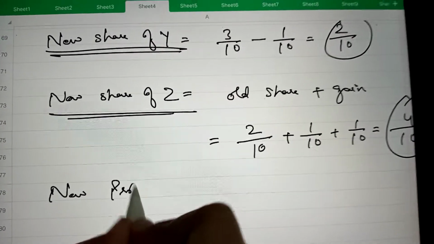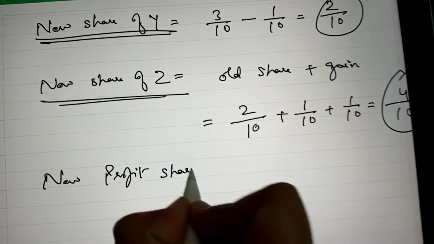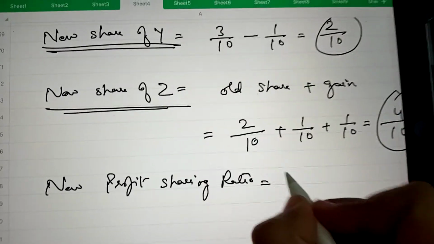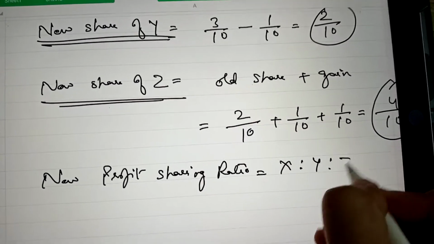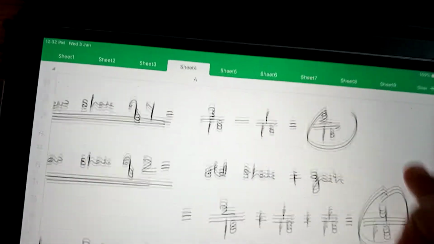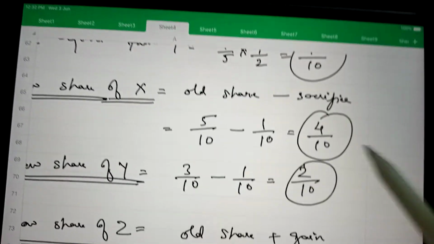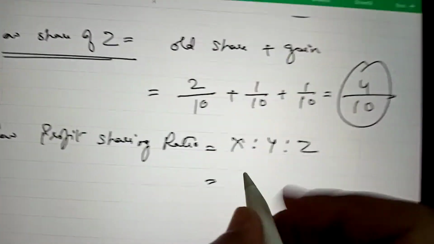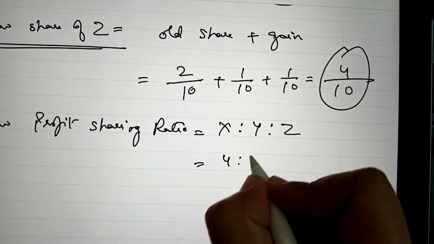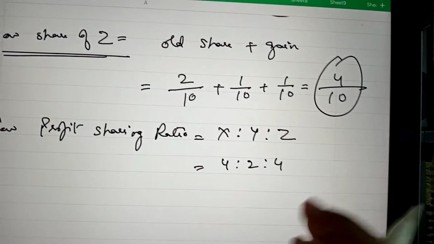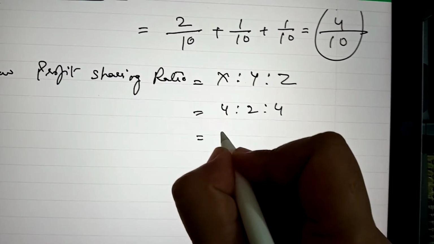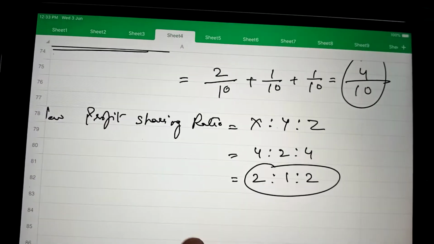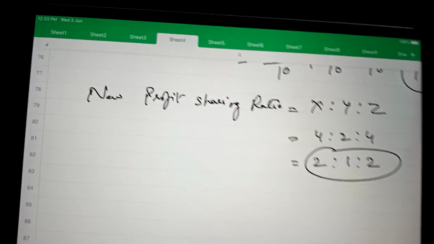New profit sharing ratio of X, Y and Z is 4:2:4, and we can also write it 2:1:2. So it is the new profit sharing ratio.